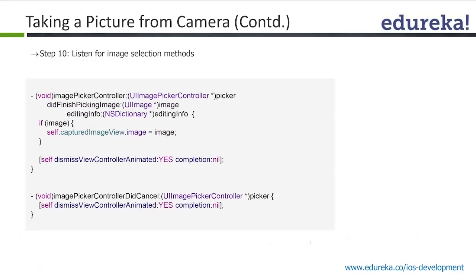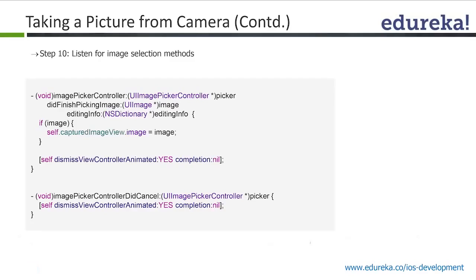And so we have seen that we have set a delegate. Whenever some UI interaction occurs on the picker controller, it will be informed to some methods. The method here is imagePickerController didFinishPickingMedia.